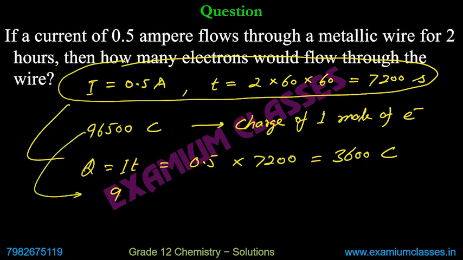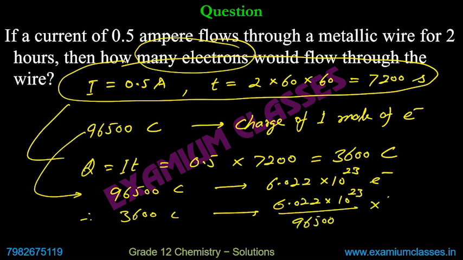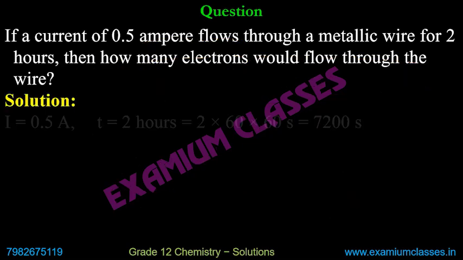If 96,500 coulombs correspond to 6.022 into 10 to the power 23 electrons, number of electrons asked, hence 3600 coulombs will correspond to 6.022 into 10 power 23 divided by 96,500 into 3600, and you will get the answer.